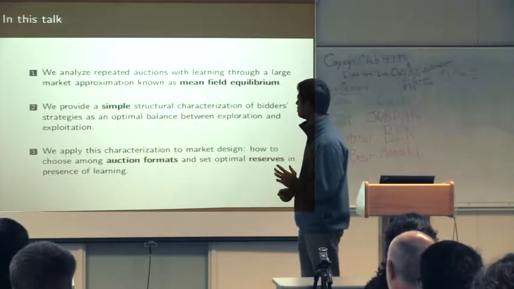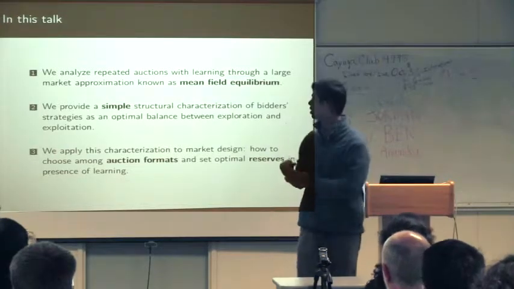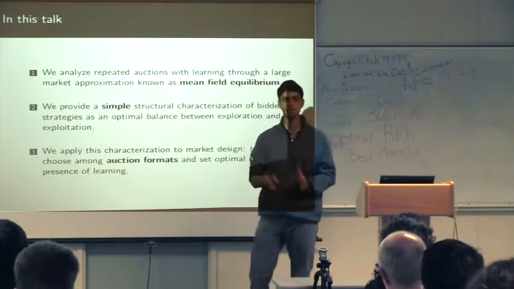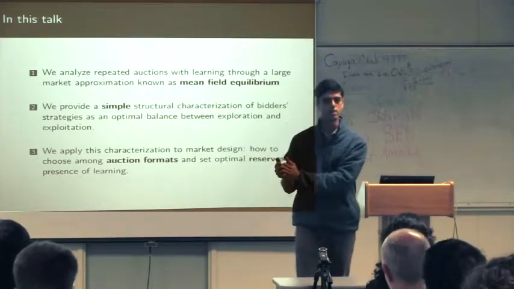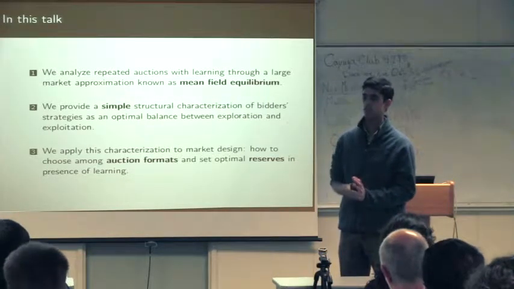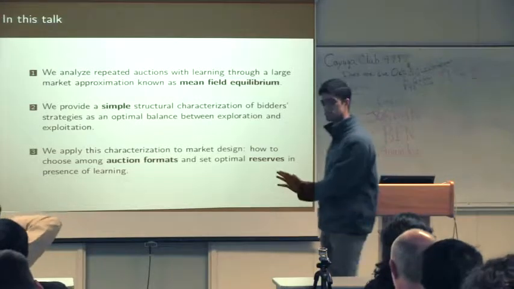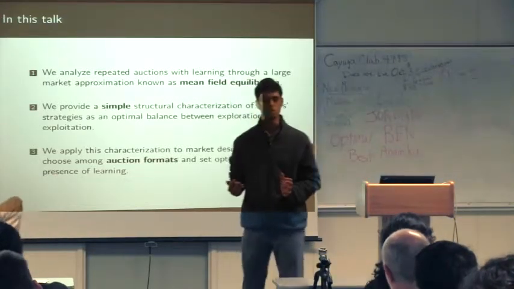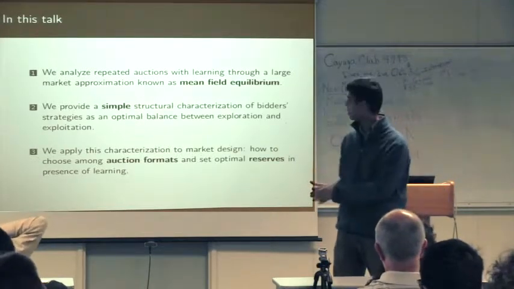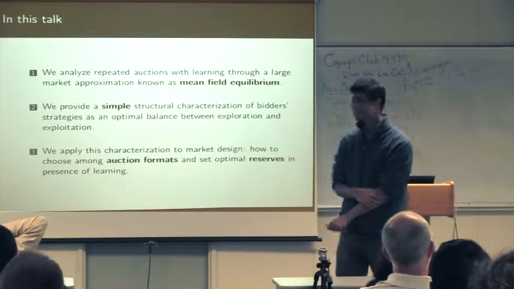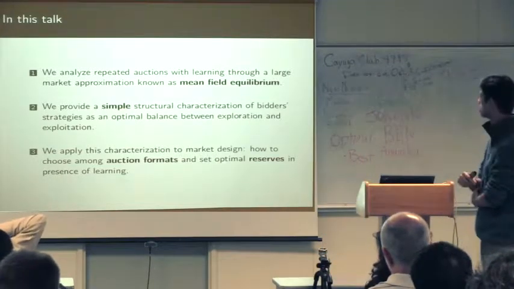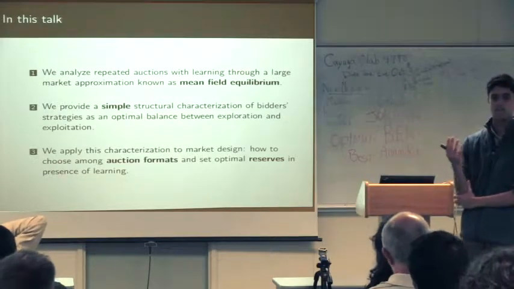Just to give a summary of the talk: first, I'll be focusing on the learning aspect. The advertisers are learning their conversion rate over time. I'll present a model of repeated auctions where bidders are learning the item, and I'll use a large market approximation known as mean field equilibria to analyze this. I'll show that using this approximation allows us to obtain a very simple characterization of bidder behavior.